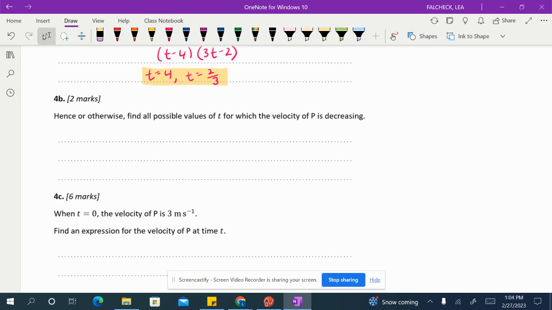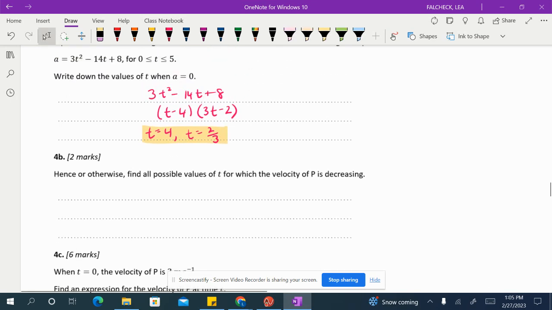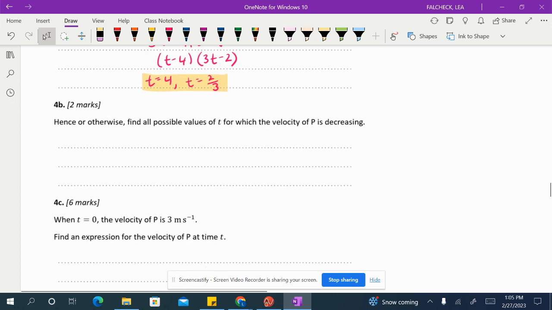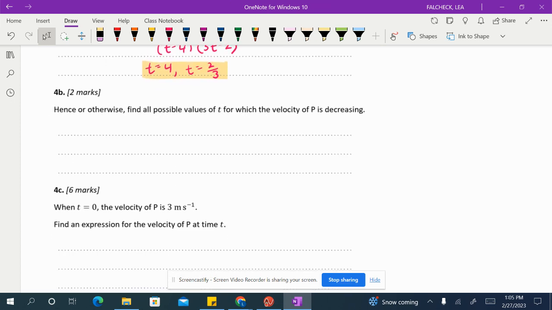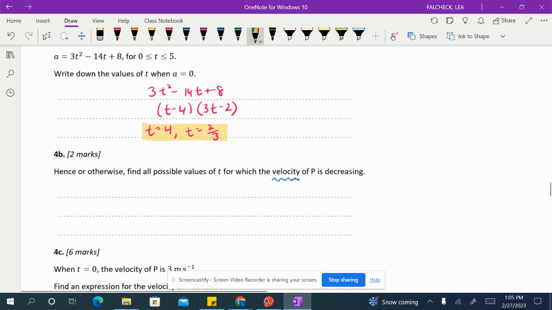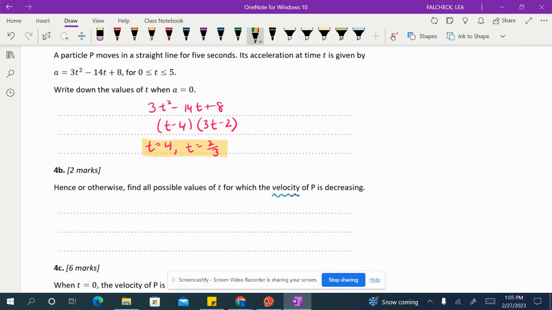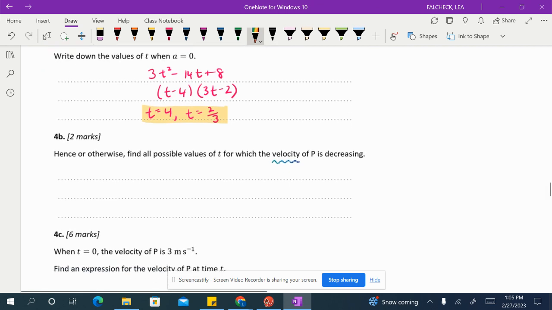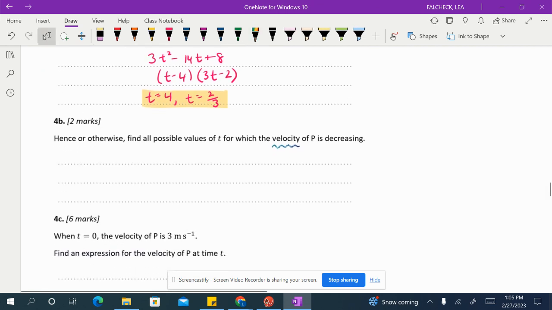4b. Hence or otherwise, that means use the information from up top. Find all possible values of t for which the velocity of p is decreasing. So if they gave us a of t up here, and we want to find where the velocity is decreasing, what we're going to want to do is make ourselves a little sign chart.